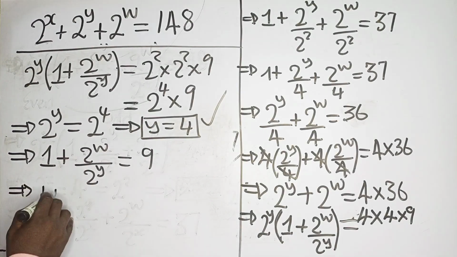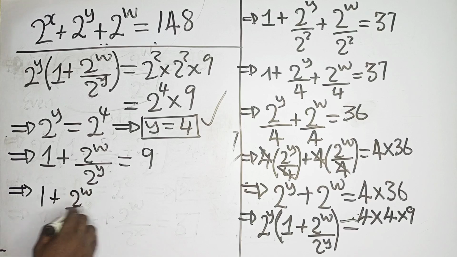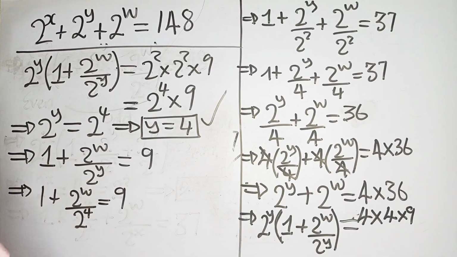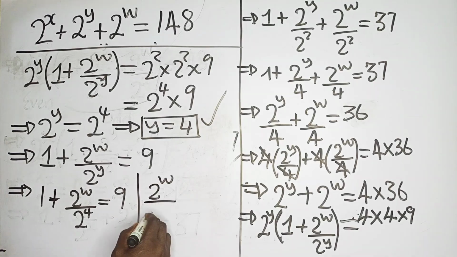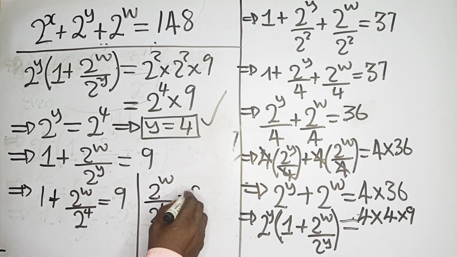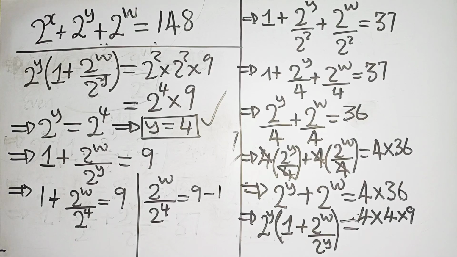That will give us 1 plus 2 to the w all over 2 to the power 4 must be equal to 9. All right, we'll take this 1 from the left hand side to the right hand side. It becomes subtraction. So we're saying 2 to the w all over 2 to the 4 will be 9 minus 1. 9 minus 1 is 8.